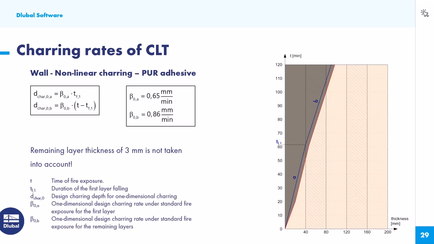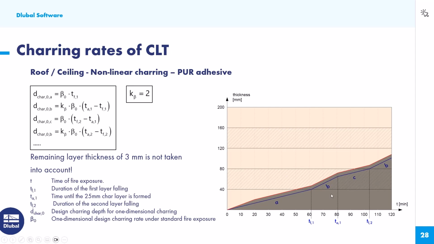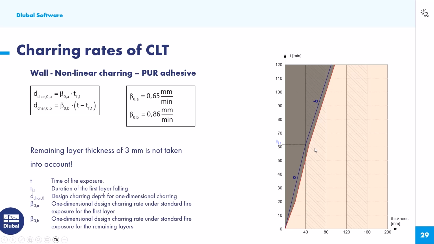For walls, of course, gravity plays an important role. I guess that's clear. For walls, gravity plays a role when it falls to the side, for example. Here we also have a bilinear curve, but we do not have such a high increased charring rate.